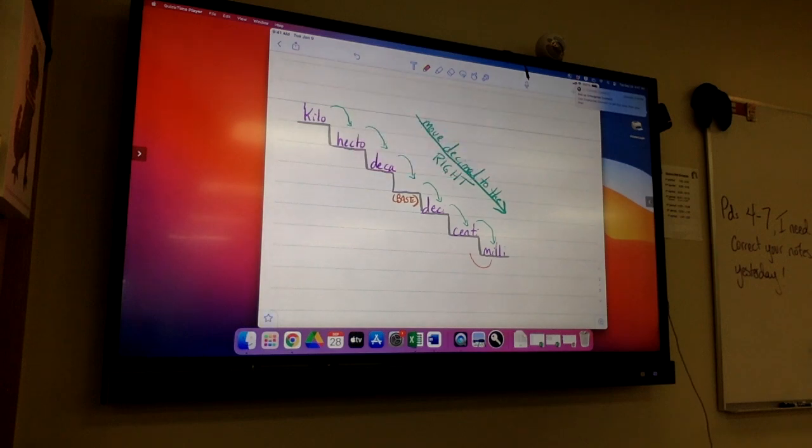And going up the staircase like this is dividing by 10. So when you divide by 10, you move the decimal to the left.